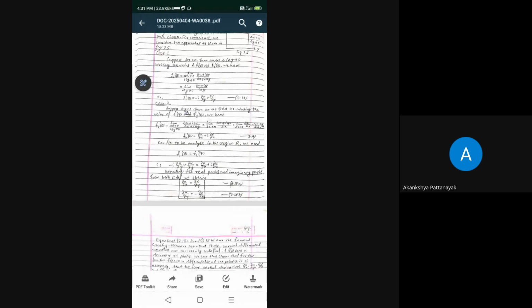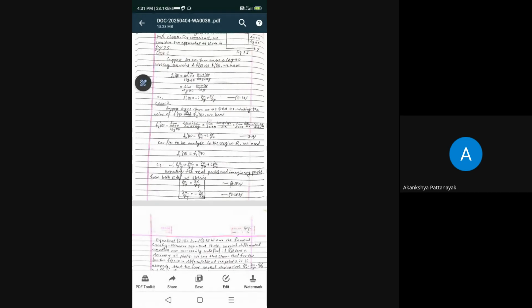The real part on the left hand side is del v by del y and on the right hand side del u by del x. So the real part must be the same, so your del u by del x is equal to del v by del y. The imaginary part must also be the same, so i del v by del x is equal to minus i del u by del y. So your del u by del y is equal to minus del v by del x.